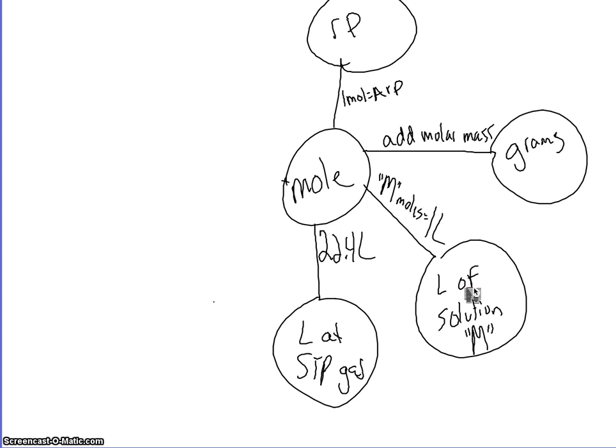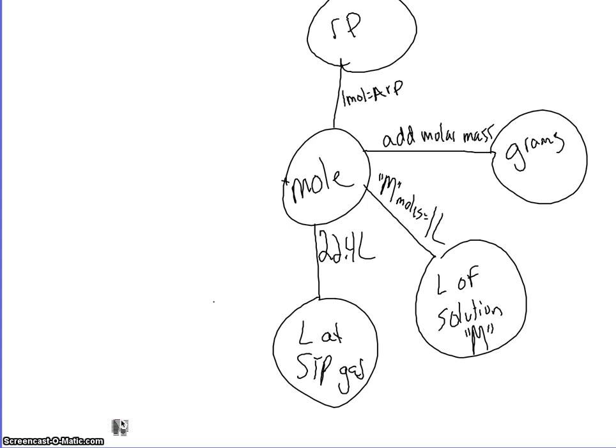Molarity is a ratio. It tells us the concentration of a substance. For example, if I have a liter of acid, that doesn't help me know how many moles of acid I have, unless somebody says, oh, that acid is 6 molar. In that case, for every 1 liter I have, I will have 6 moles.